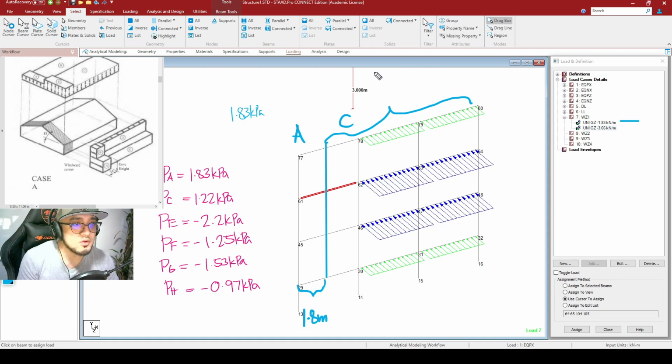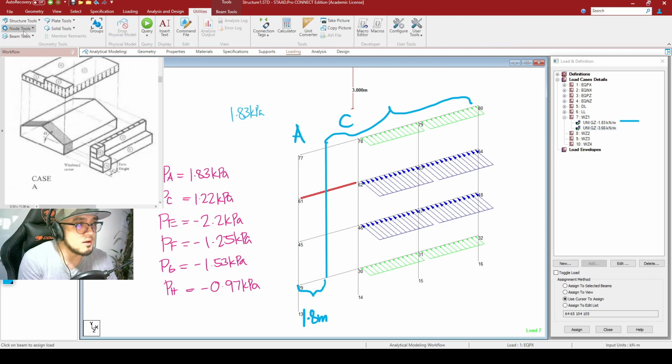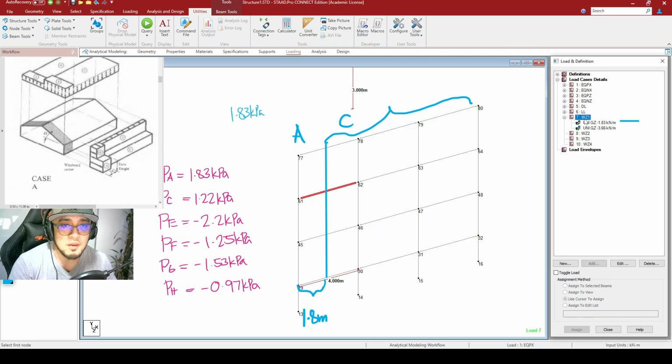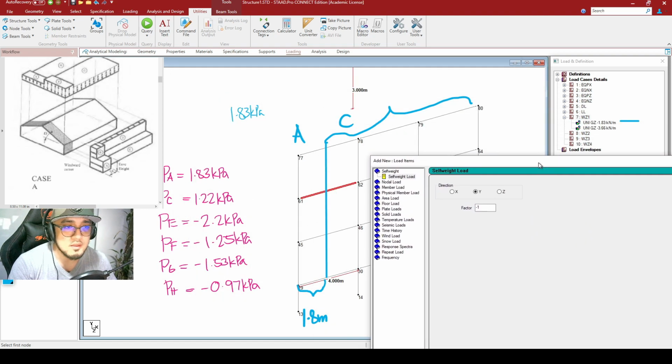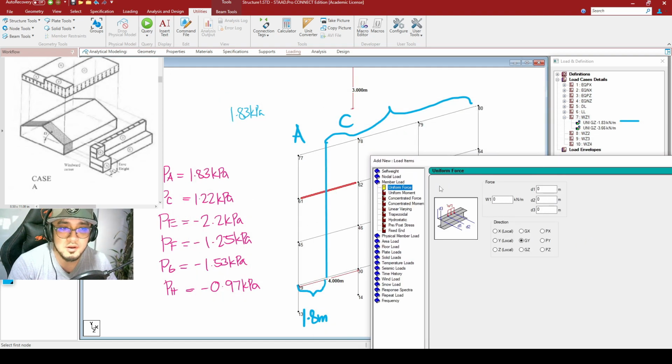So for the node-to-node distance, guys, I will just display the node-to-node distance here. So node tools, then node-to-node distance. So the node-to-node distance from this point up until this point is to be 4 meters. So what I would be doing here is that I would be defining a new load. So click add, then go to member load.